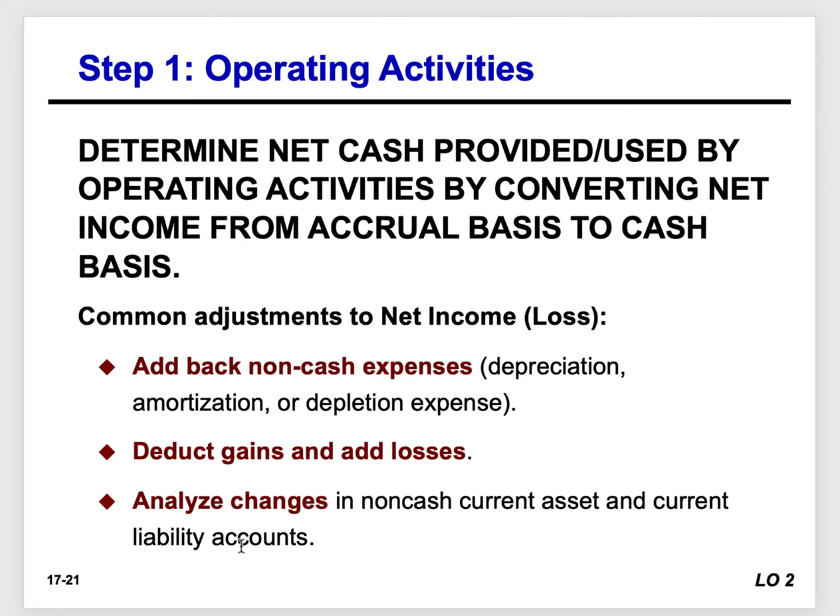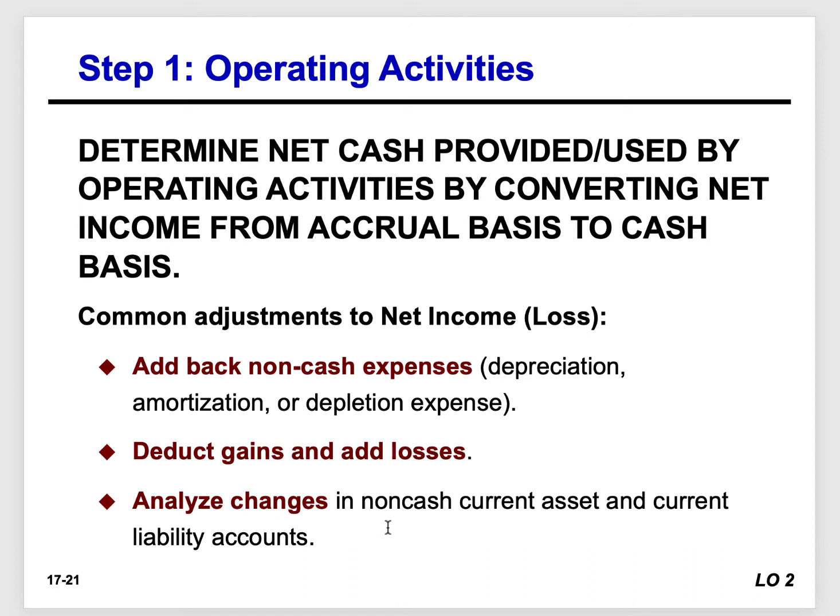The fourth thing we need to do is analyze any changes in our non-cash current assets and current liabilities. Notice it says non-cash. Whenever you do the operating section, if you include the change in cash, that is not right. The whole statement of cash flow is trying to prove that cash balance.